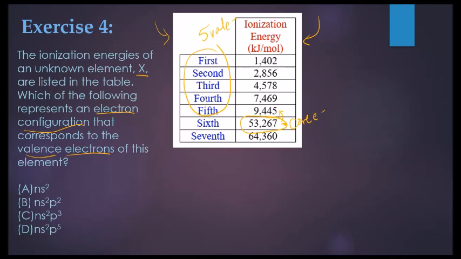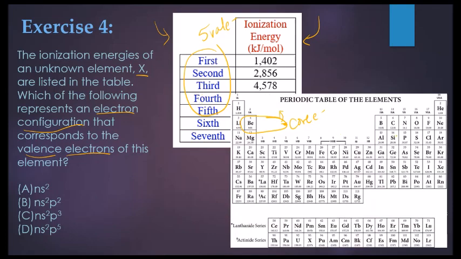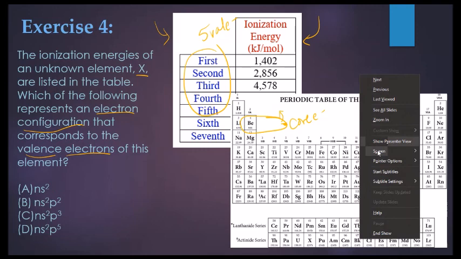Good. Now, I can look at my periodic table. Which one has 5 valence electrons? That's going to be anything in this group. And what's its configuration going to be for valence electrons?